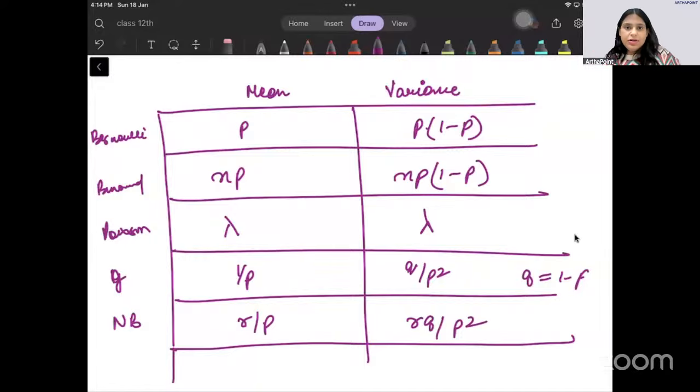This is the table which you have to remember to solve the questions. This is r into q by p square, q divided by p square.